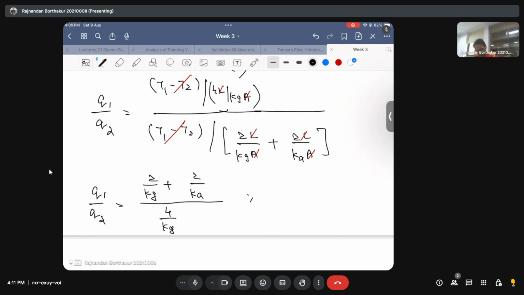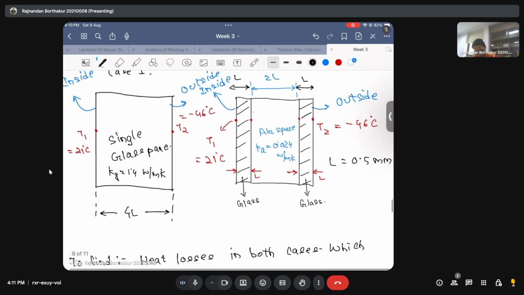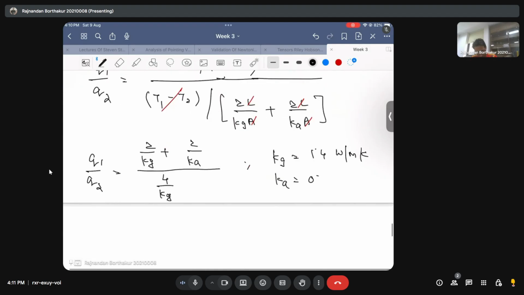Okay, now let's substitute the values. Kg is the thermal conductivity of glass, and it is of the order of 1.4 watt per meter Kelvin. The thermal conductivity of air is, I think, 0.024 watt per meter Kelvin.